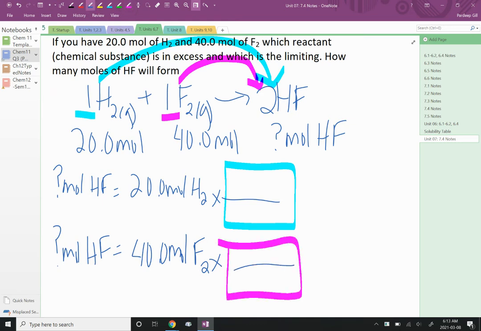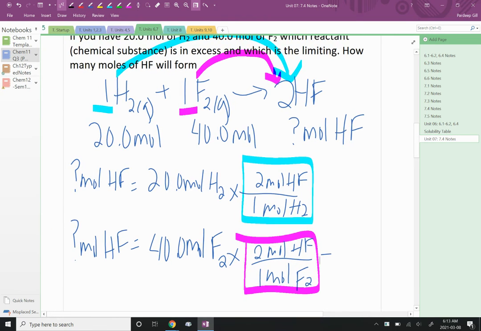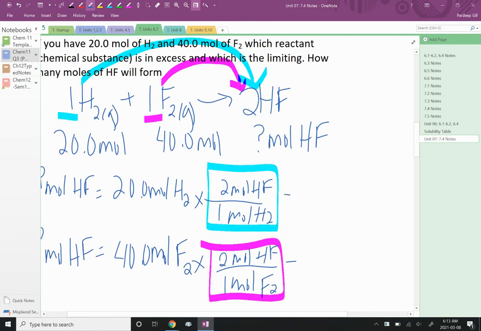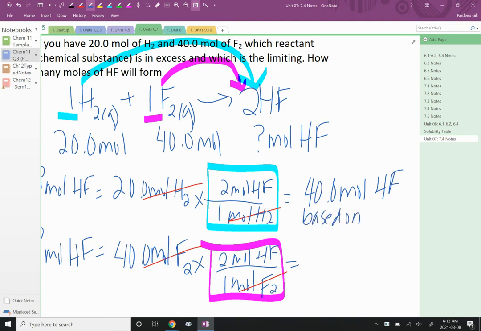The first mole bridge is going to be a 1:2 ratio, 2 moles of HF for every 1 mole of hydrogen gas needed. And then here we have 2 moles of HF for every 1 mole of F2 needed. And then we work this out. The moles of H2 should cancel out and the moles of F2 should cancel out. So we should be left with 20 times 2, so that's just going to be 40.0 moles of HF based on H2.